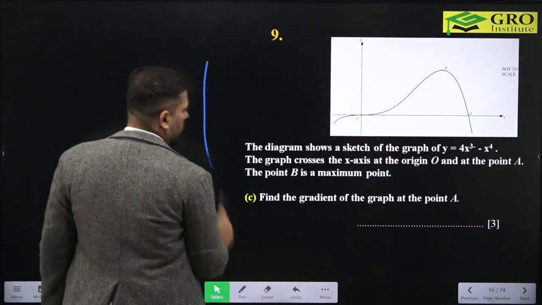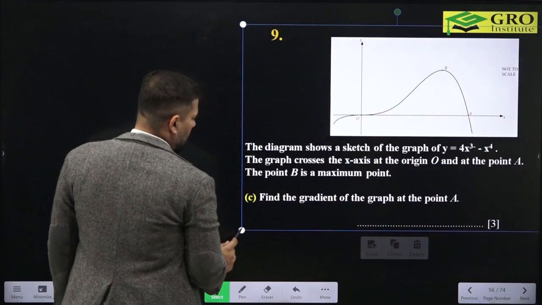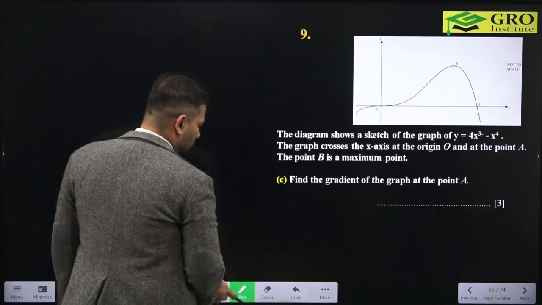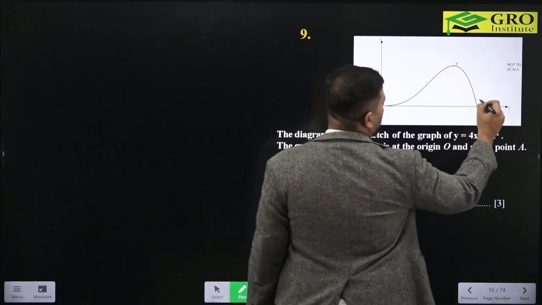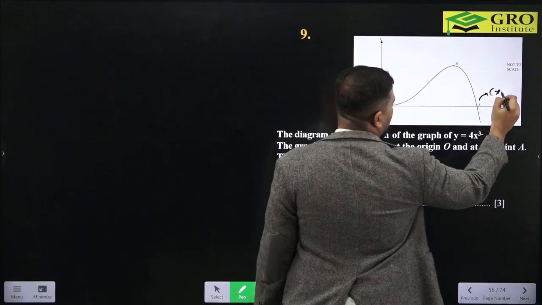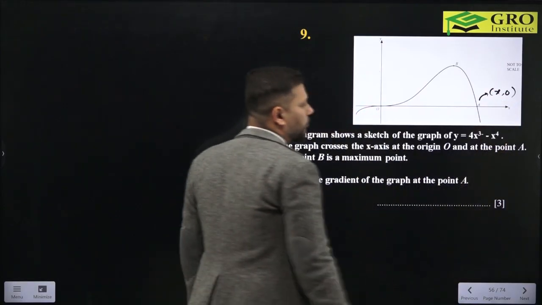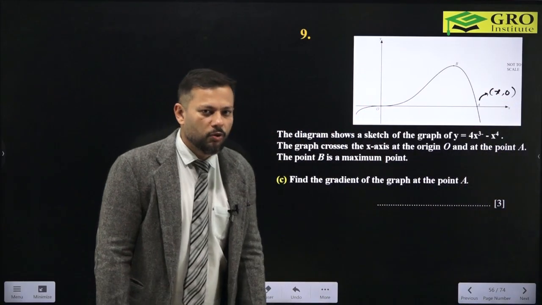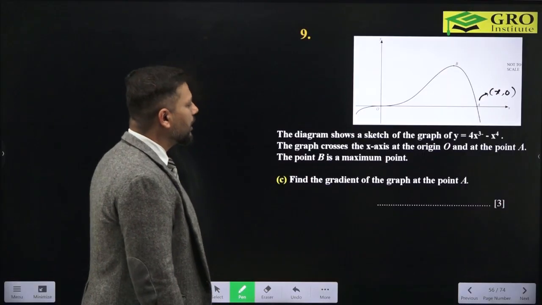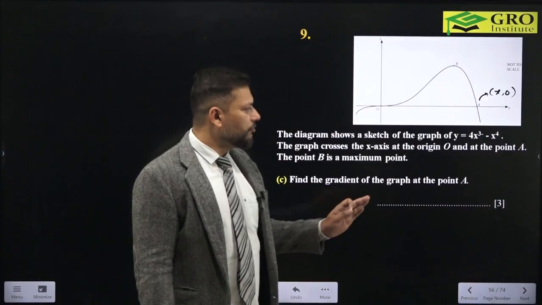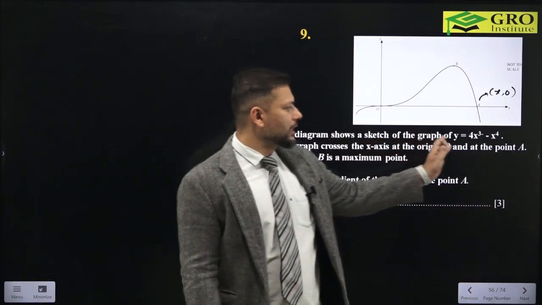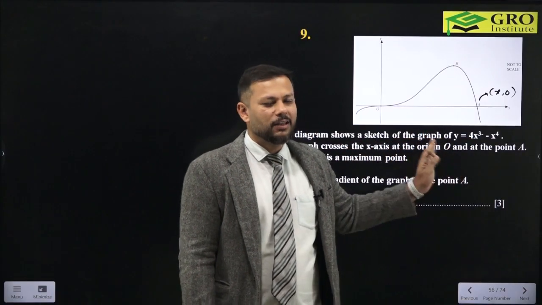If I just show it to you in this way, we know that point A is on the x-axis, so it will have some coordinate as x comma 0, because the y coordinate is going to be 0 over there. So if the y coordinate is 0, what should be done? We know that if we put y equals 0 in the given equation, we will get the value of x.